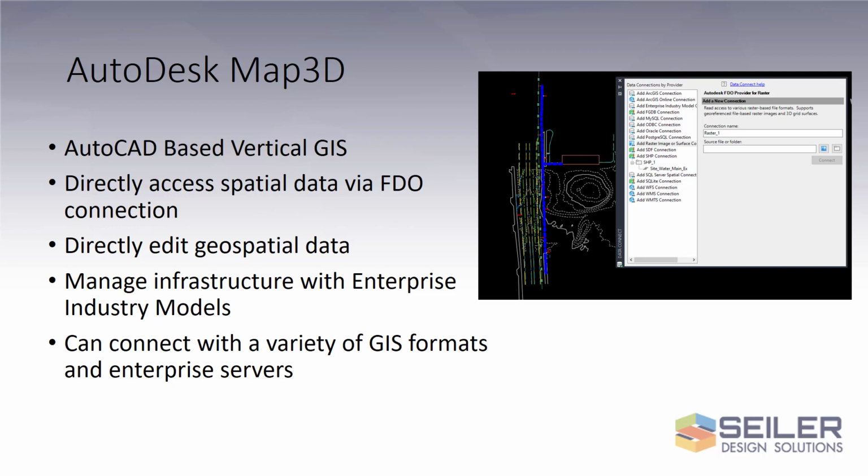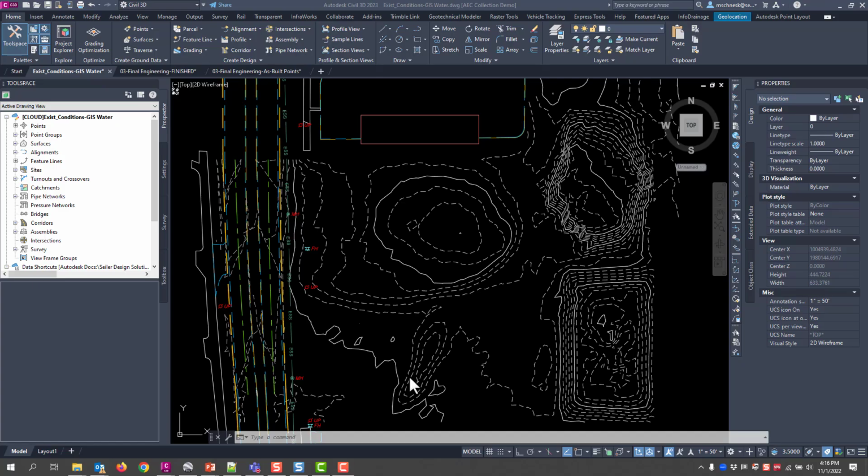To be able to connect to that data, present it, modify it, do some planning, do some analysis right within the Autodesk sphere. When working with GIS data and existing project data, we have a variety of ways we can tie into different sources to pull that data in.